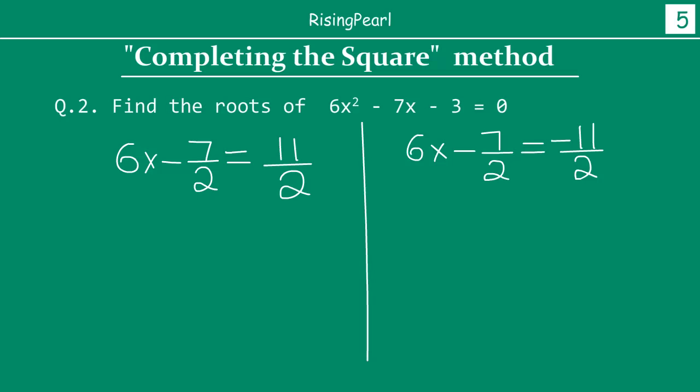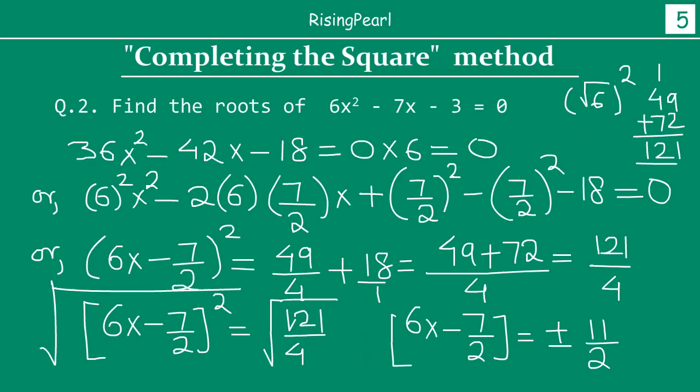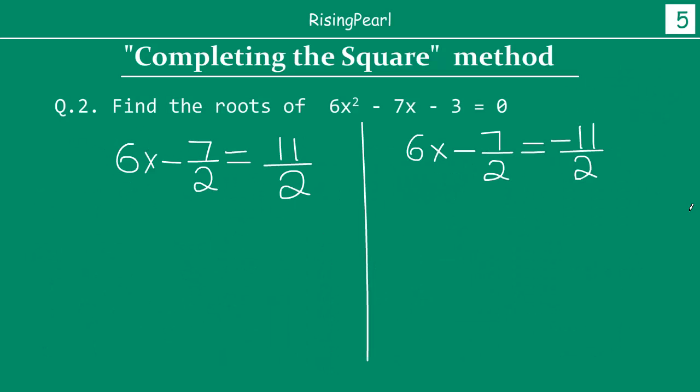Right? So let's just make sure that that is exactly what we have. So we have 6x minus 7 by 2 equal to plus minus 11 by 2, that is, equal to plus 11 by 2 and minus 11 by 2. Now just simply solving for x, let's see what we get.